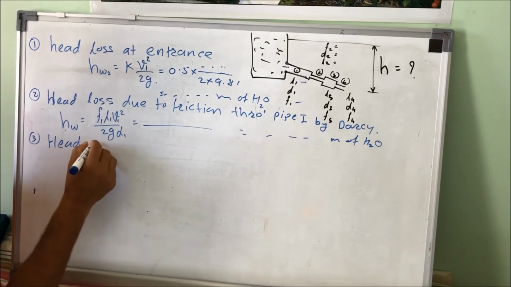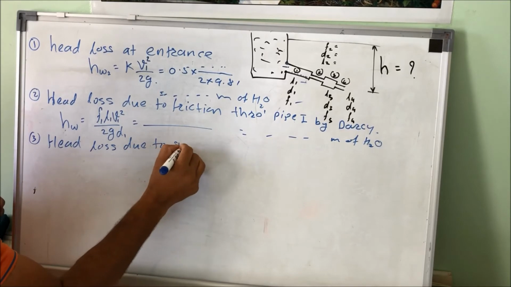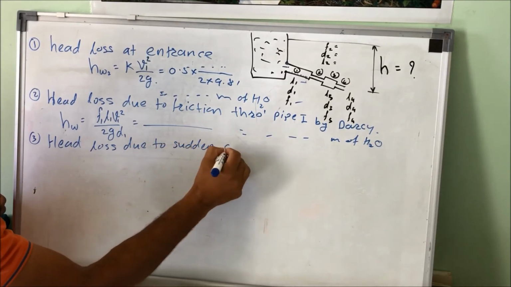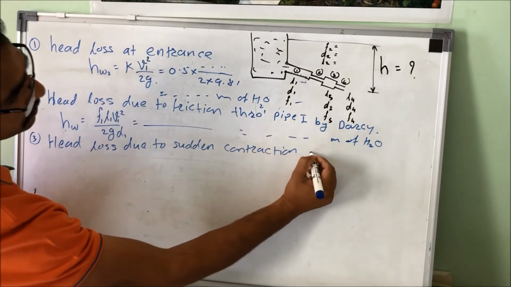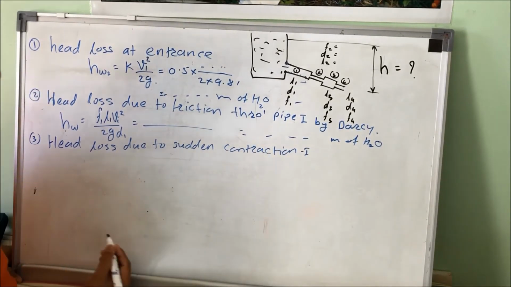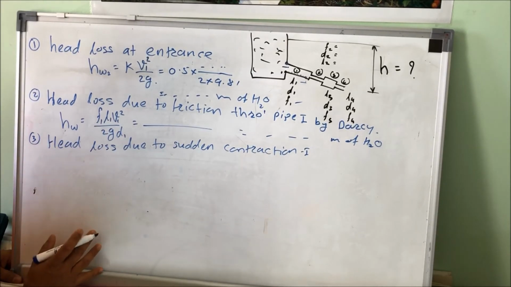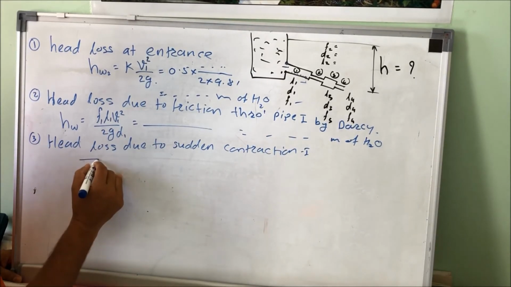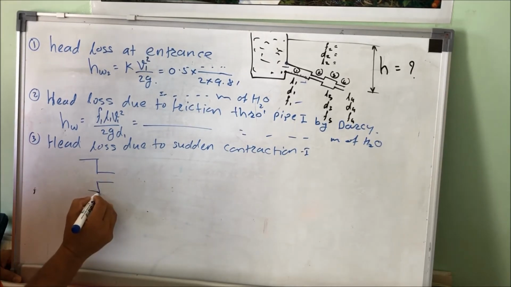Head loss due to sudden contraction. So I will name it as 1, and I will explain this in detail. So this is the sudden contraction, and I will erase it later on.